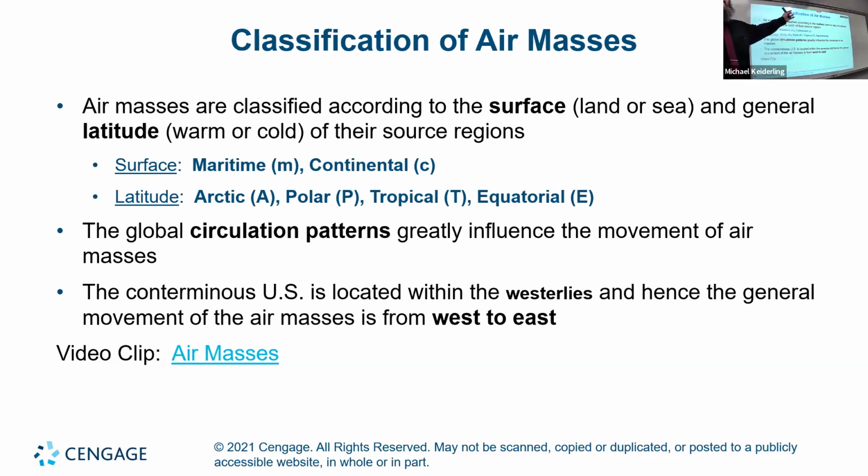So we get continental polar air masses from Canada that are cold and dry, or maritime tropical air masses from the Gulf of Mexico that are warm and wet.